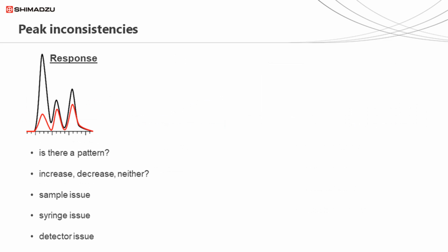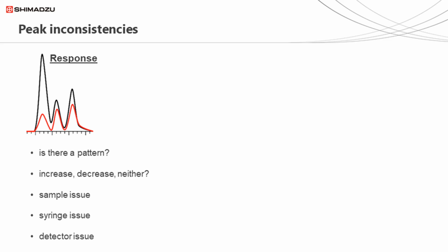Lastly, we should look at a few common issues regarding peak consistency. Variations in peak area can be troublesome and caused by a multitude of factors. Firstly, take careful note of any pattern in the area from run to run. Does the area consistently increase, decrease, or does it appear to be random?